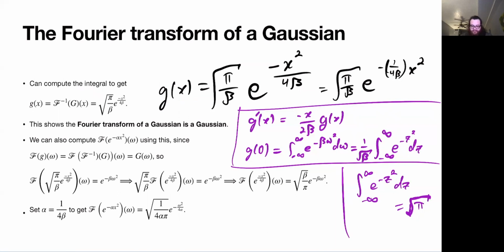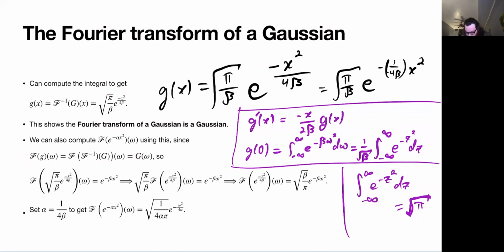Let's take the Fourier transform of this thing right here, and then relate this function back to that. So if you plug in g, g was the inverse Fourier transform of capital G. So the Fourier transform of g is going to be the Fourier transform of the inverse Fourier transform of our function G. These cancel each other out, so we're just left with G of omega.